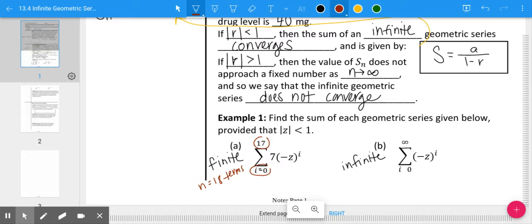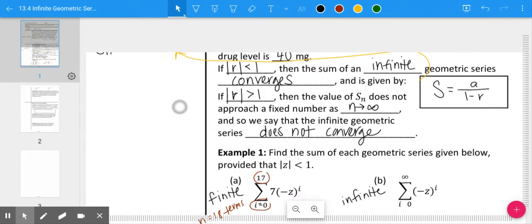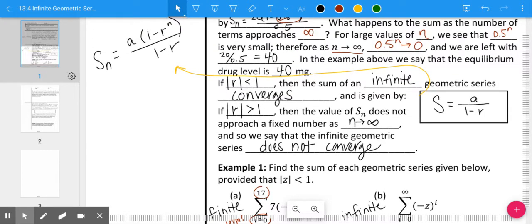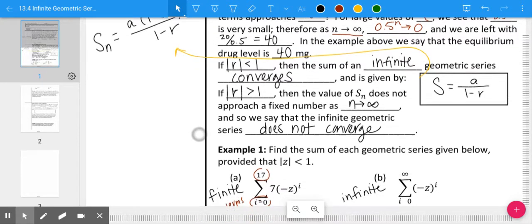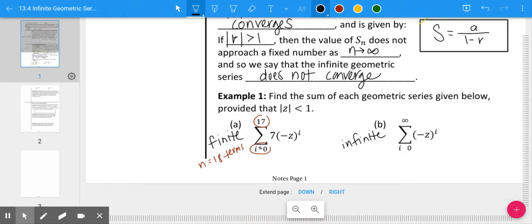So to find the finite sum, I'm using this equation up to the top left, this S sub n that I have in the left column. This is from last notes. So I'm going S sub 18, there are 18 terms, equals my initial term. My initial term is when you plug 0 in for the I there.